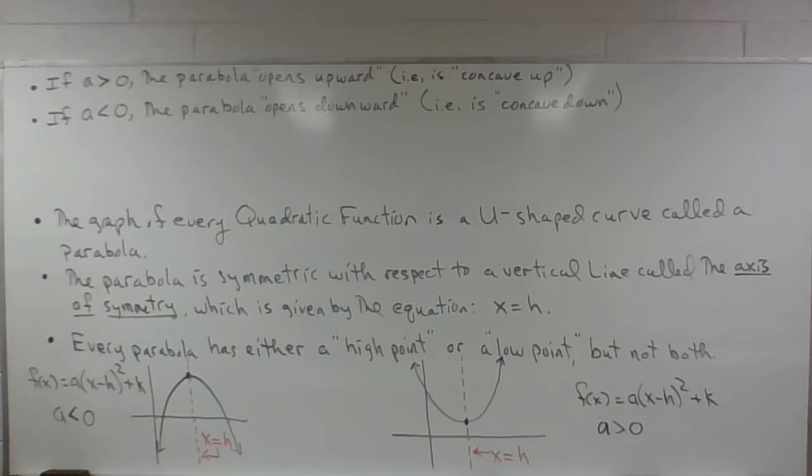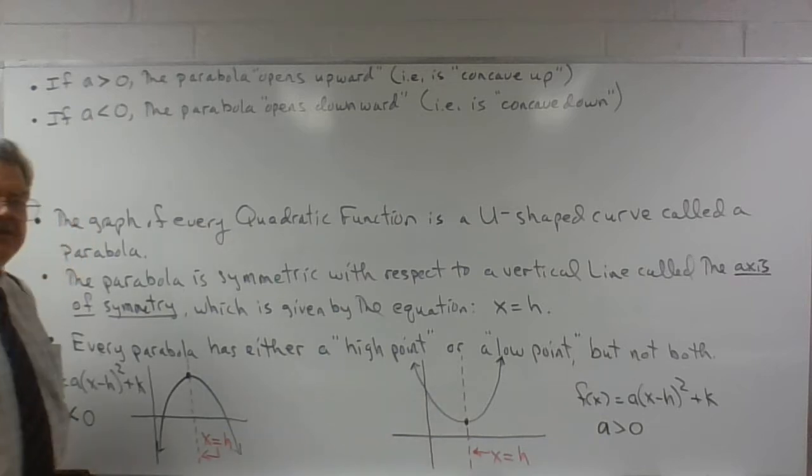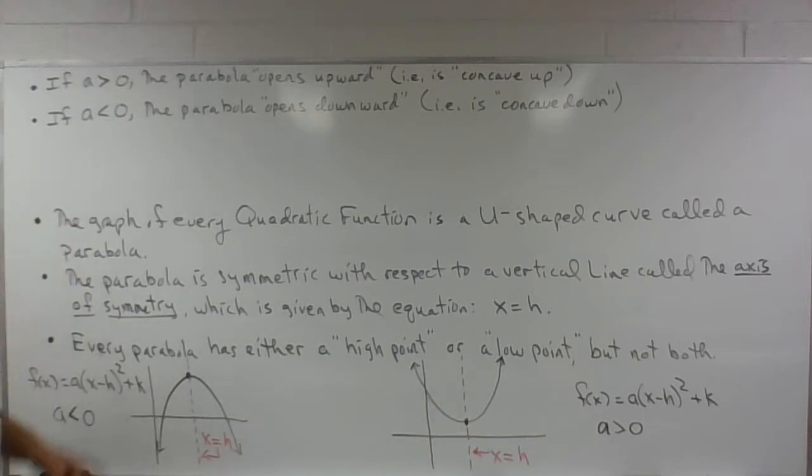Now, is there anything that we haven't addressed with these two graphs that we should? I think so. This bullet point right here says every parabola has either a high point or a low point, but not both. And I don't know if I actually mentioned what the high point and low point were.